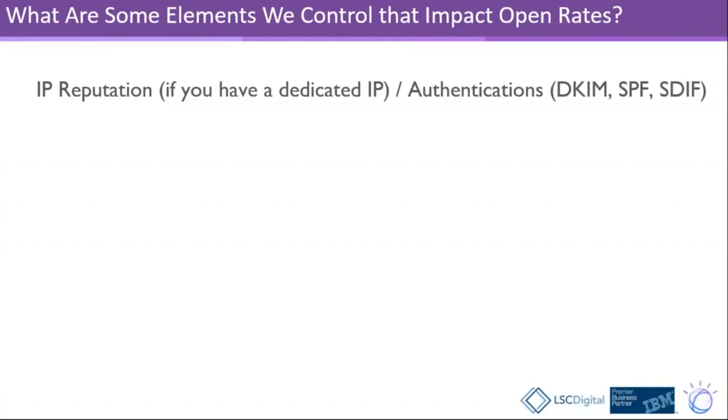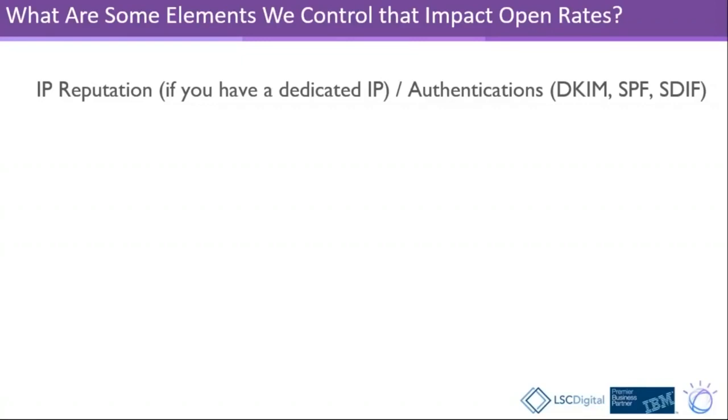Because since you're sharing those IPs, those pipes, let's call them, if you're being a bad actor and not managing your emails and sending out a bunch of hard bounces, you're going to impact the rest of their customers. So it's very, very important to make sure that you're managing your email database properly and dropping those hard bounces.